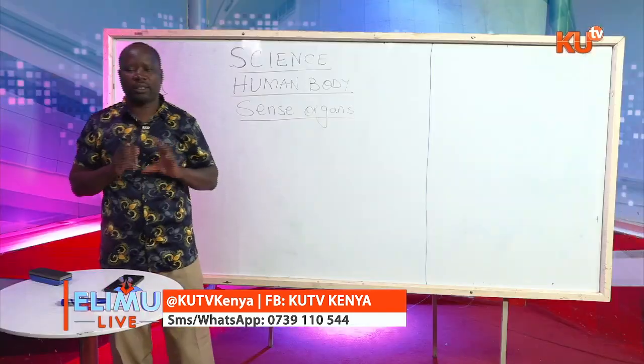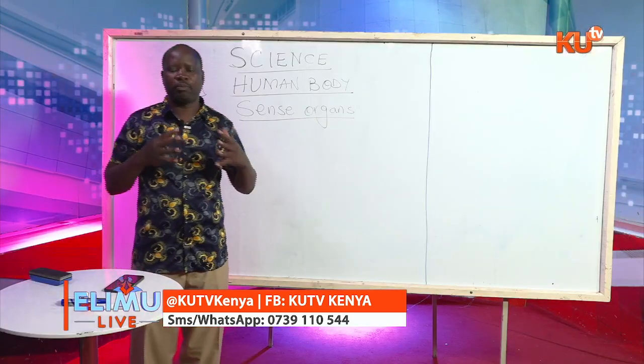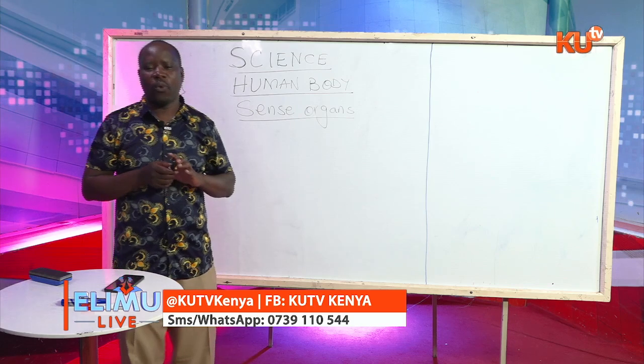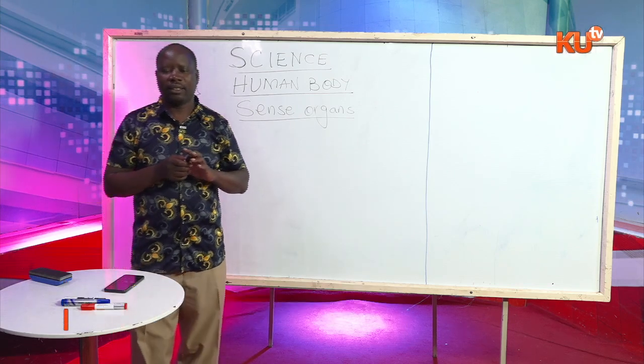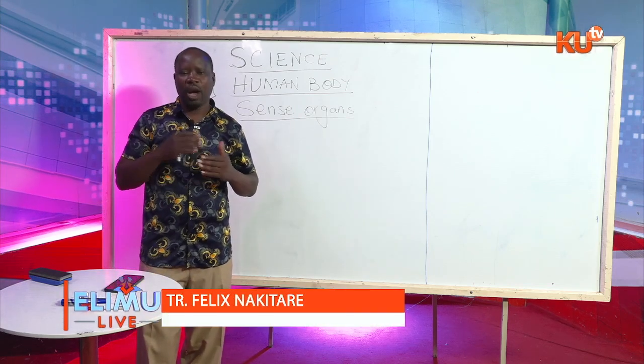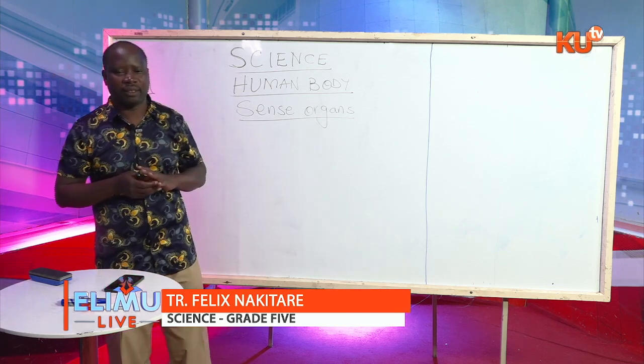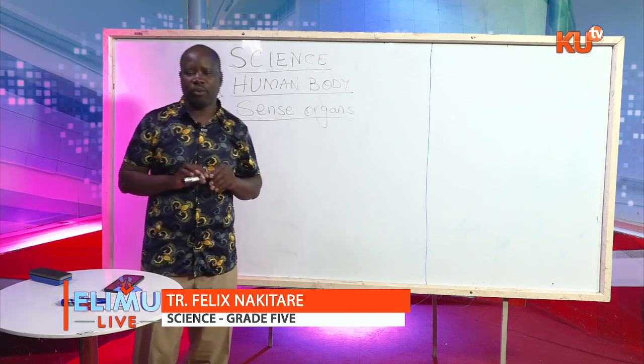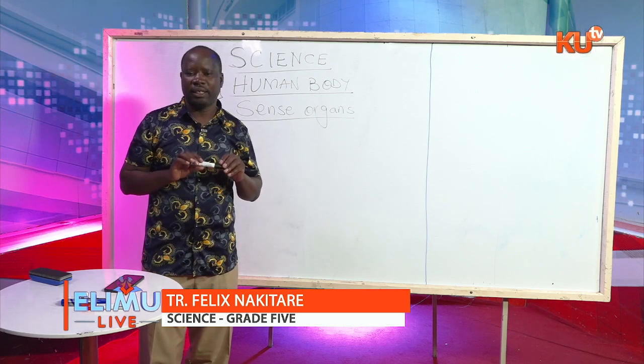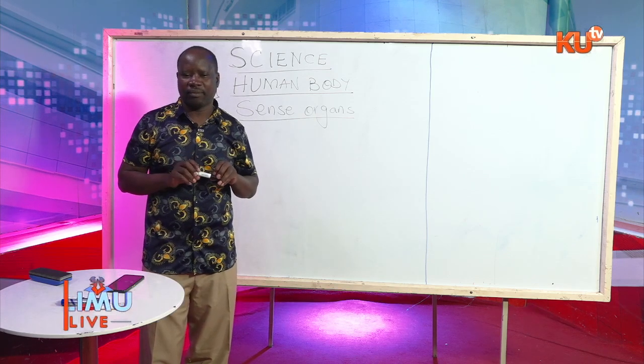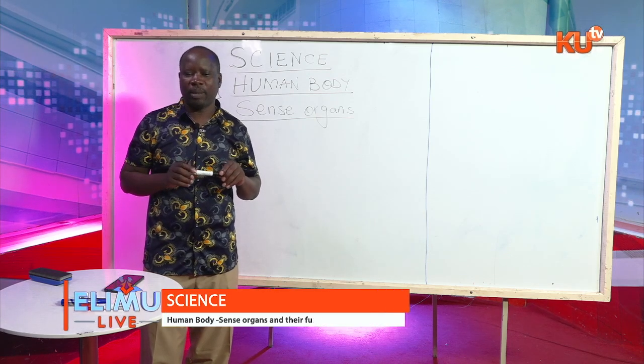Now, which ones out of all these parts make what we call sense organs? Out of all those many parts, there are a few that are called sense organs. We need now to know them.